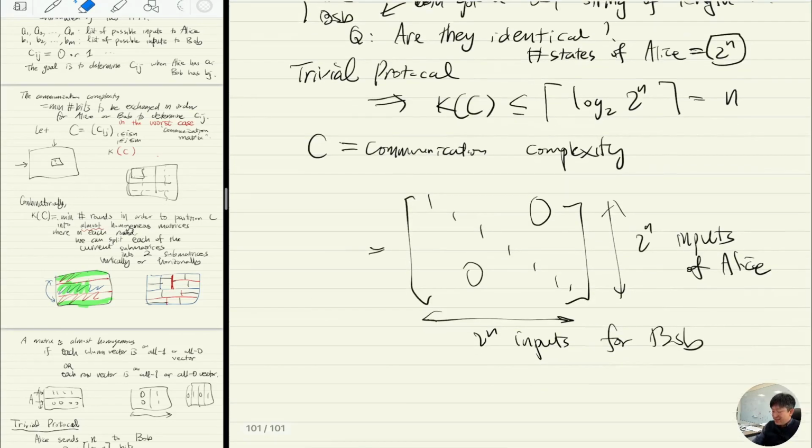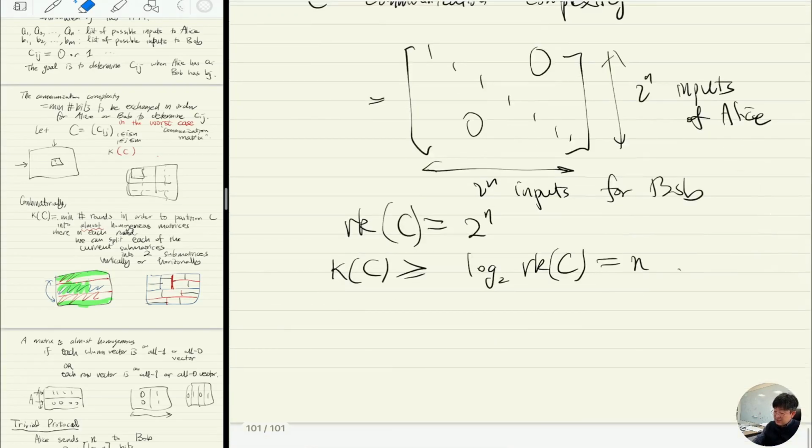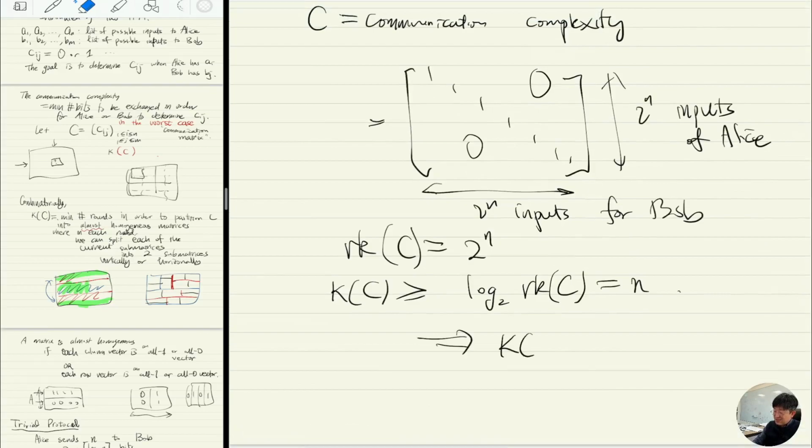So the rank of C is equal to 2 to the n, because this is the identity matrix. It has full rank. Now we know that kappa of C is at least log 2 of rank of C, so it's n. So by using this, we can determine the communication complexity of this problem exactly. It's n.